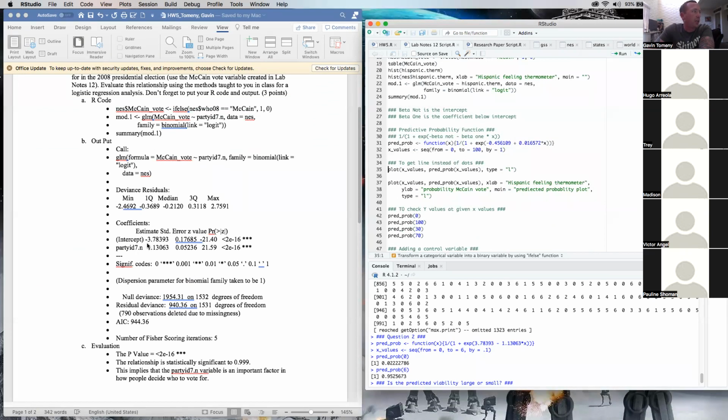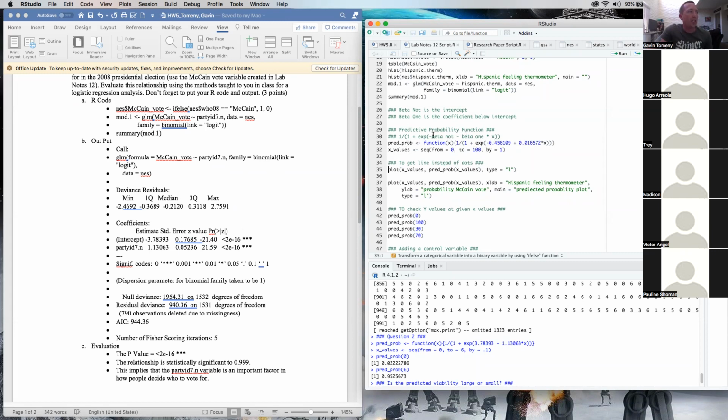So this is our beta naught, our intercept coefficient. And we're basically plugging in this and this into this equation.